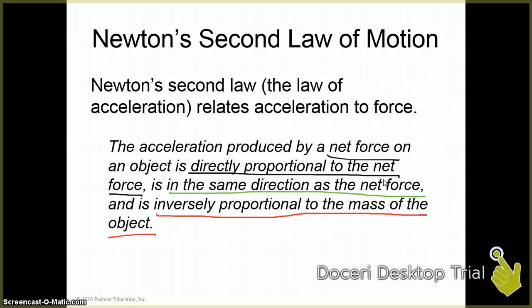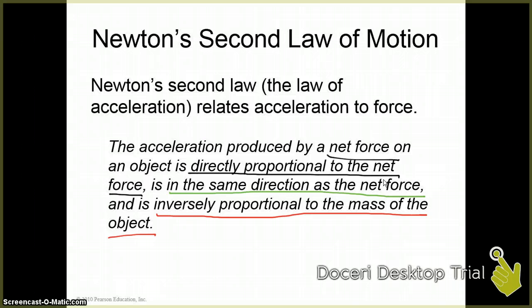A reminder that inversely proportional means that if you increase one quantity, you decrease the other quantity. So if you increase the mass of an object and keep the force the same, the acceleration is going to decrease. If you increase the acceleration and keep the force the same, the mass must have decreased.